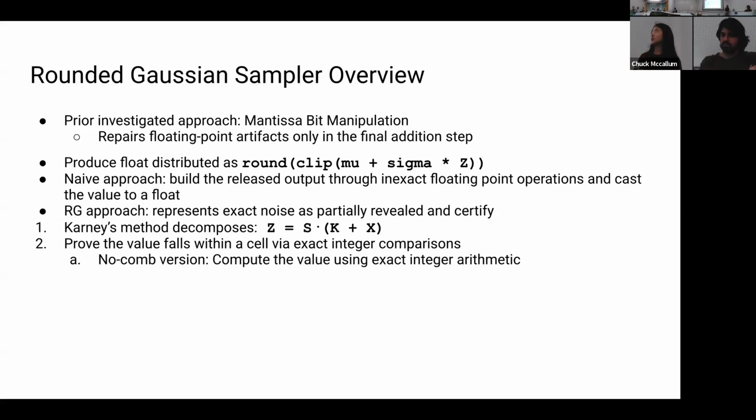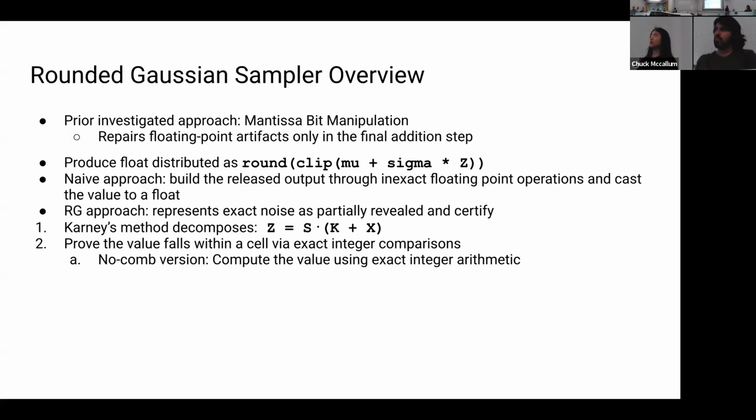Naively, when producing this float that results from multiplying the scale, which is the sigma value, by the standard normal, and then adding the location mu, what can be done is building that output through inexact floating point operations, which is what has been done previously and also with MBM, and then casting that value, rounding it to a float.